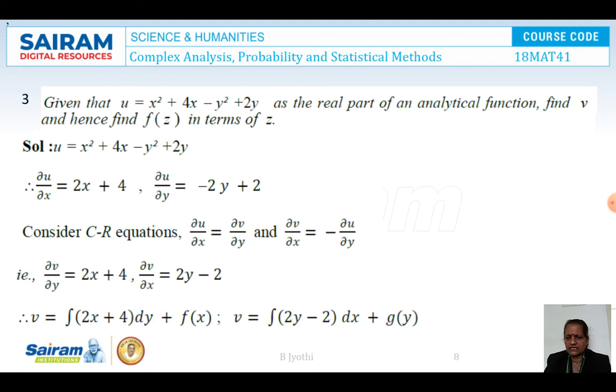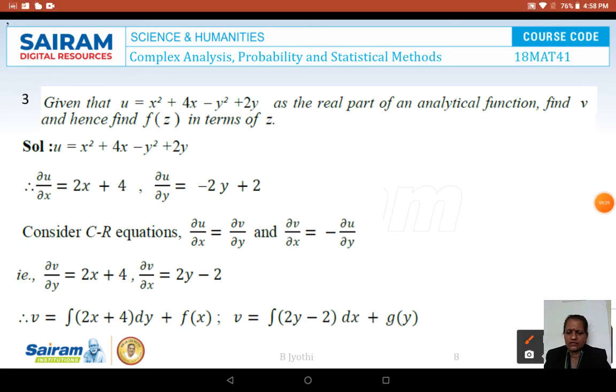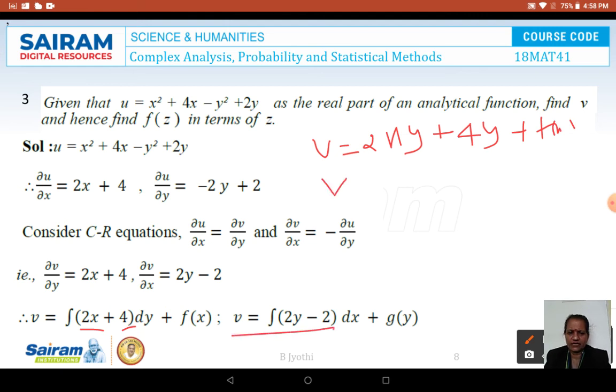Let me see this equation once again. It is to be integrated with respect to y for the first one. If I consider v here, integral of 2x will be 2xy plus integral of 4 with respect to y will be 4y plus f of x. Whereas this equation has to be integrated with respect to x.